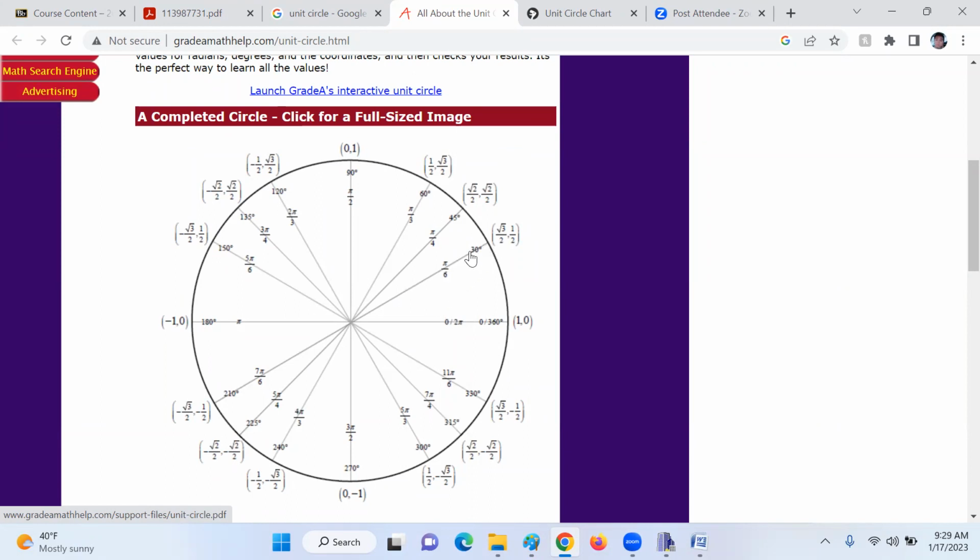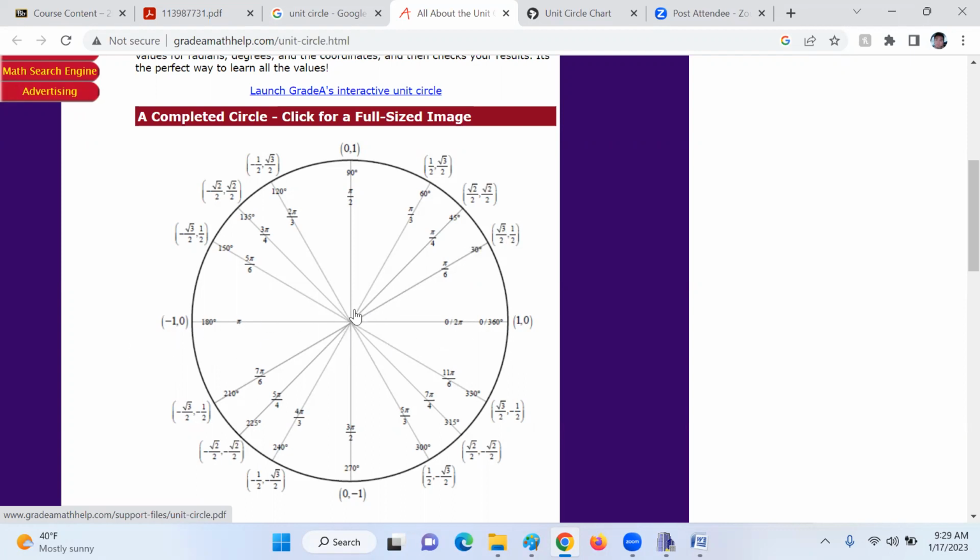So let's say 30 degrees, 45 degrees which is pi over 4, pi over 3, 60 degrees, pi over 2 is 90 degrees, 2 pi over 3, we just did it, 120, 3 pi over 4, 5 pi over 6, and this is pi, right, 180 degrees.